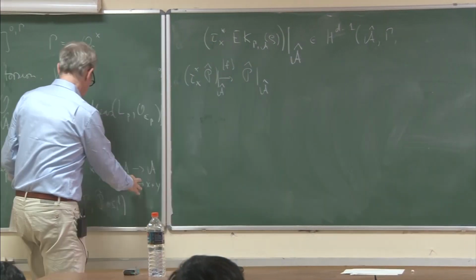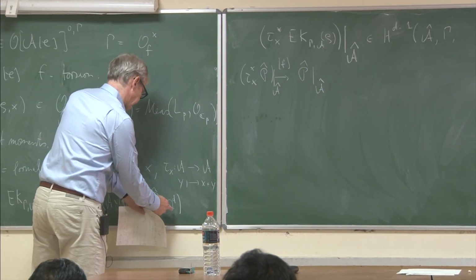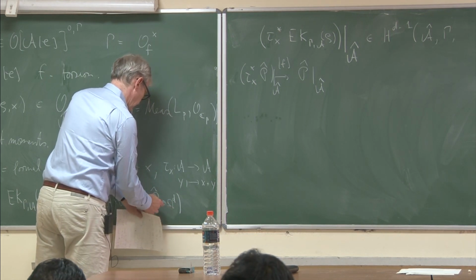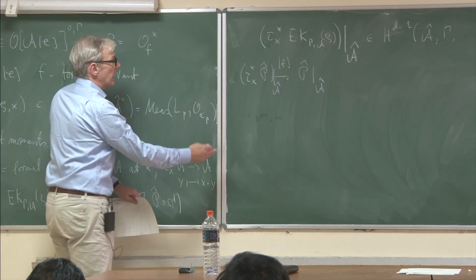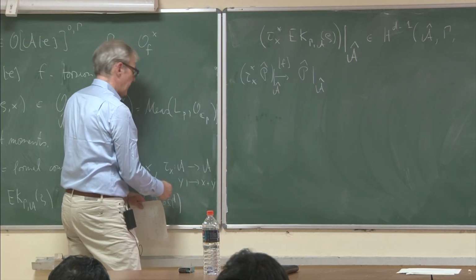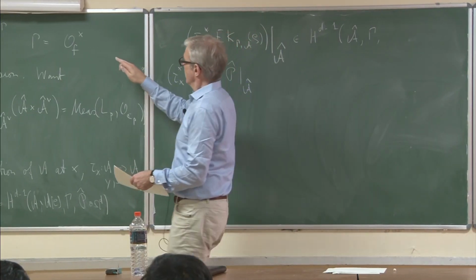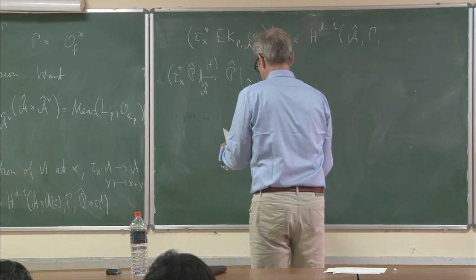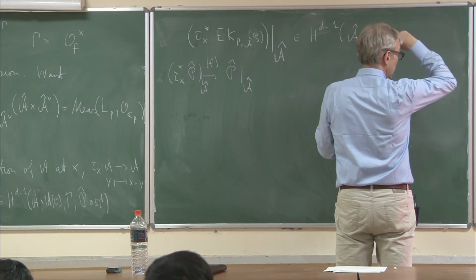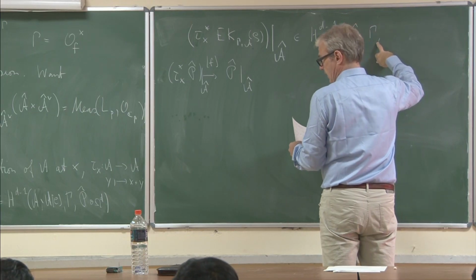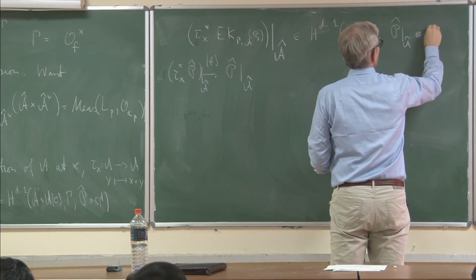So I pull back this class, which means I can evaluate now at 0, and then I have to pull back along this translation the Poincaré bundle, and then I can evaluate also at 0. And this has a map to this by this isogeny. And then I use the trivialization of the Poincaré bundle I had over there. And if I do all that, then I get something here, H^d of A hat, so P hat restricted to A hat tensor omega d.